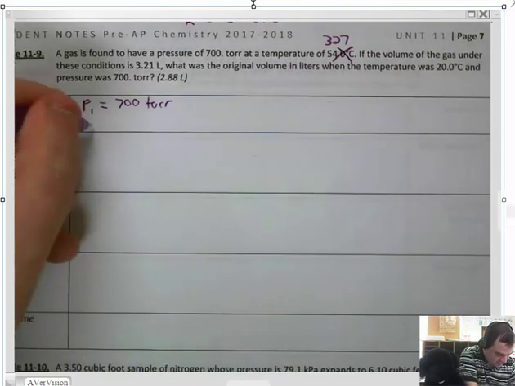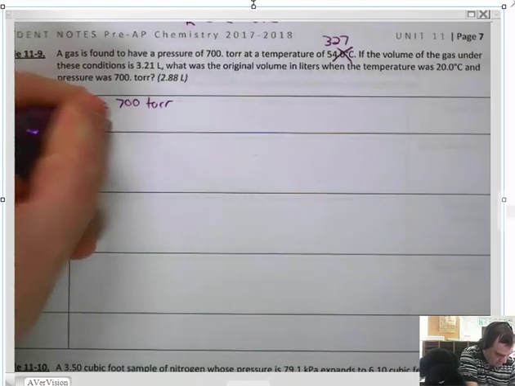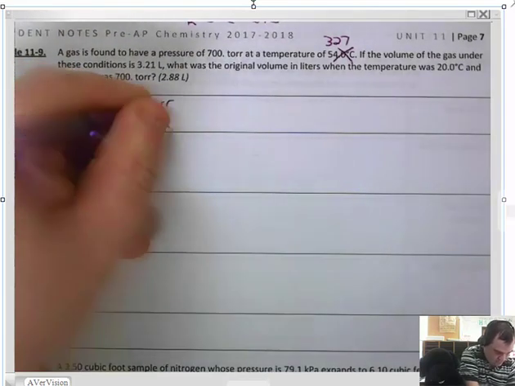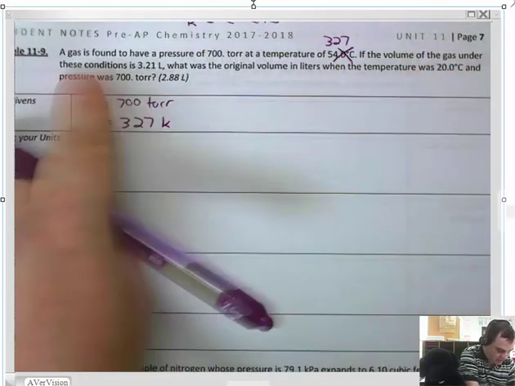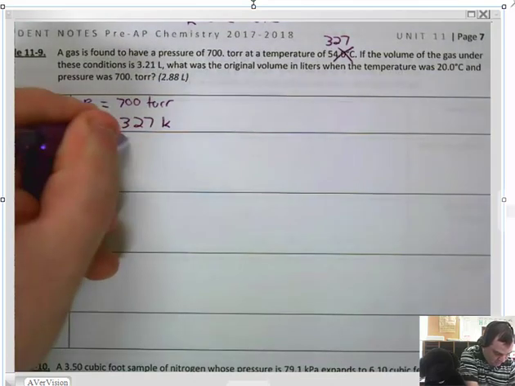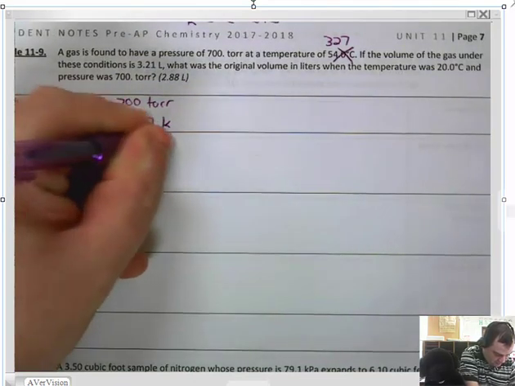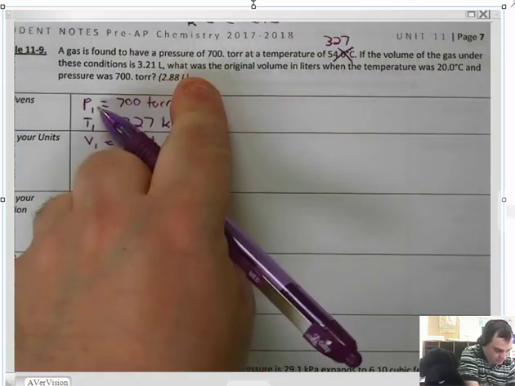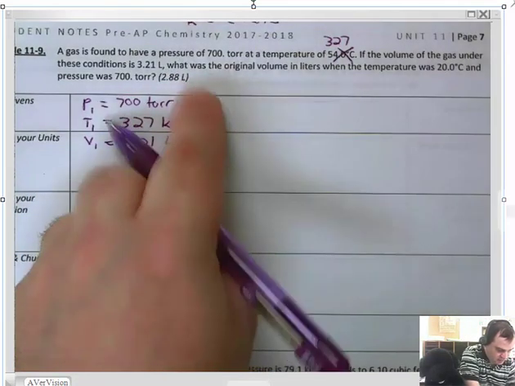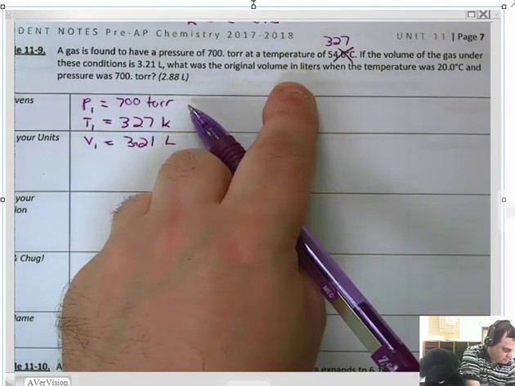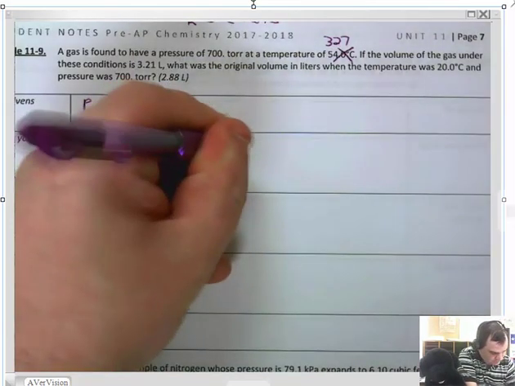Okay, so T1 is 327 Kelvin. If the volume of the gas under these conditions, so we're still under the one conditions, so this is going to be V1, is 3.21 liters, what is the original volume in liters? That's going to be V2.